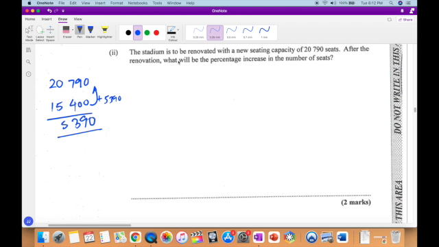So the thing is that a lot of students make this mistake. What percentage increase in the number of seats? Remember, we had this amount of seats before, and we want to know what is the percentage increase from this number. So this number doesn't really have anything to do with it. This number just helps us to find the difference. But we want the percentage increase from that number.